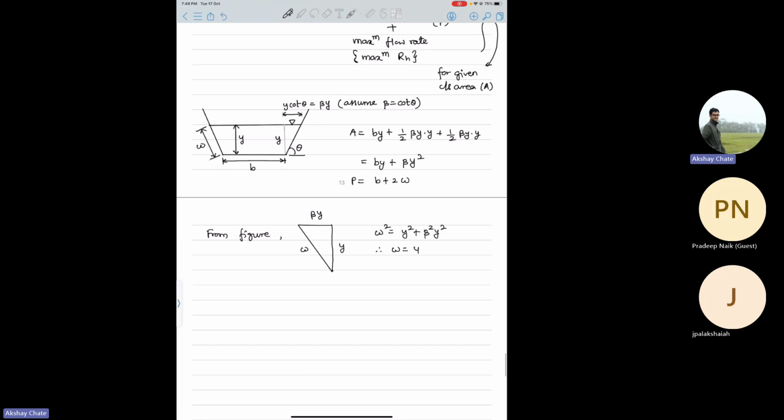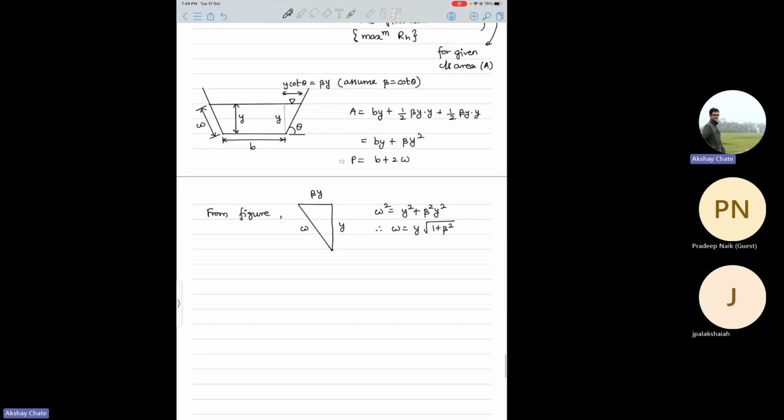Therefore W will be y into square root of 1 plus beta square. Now you can put it in the P formula, so P will become b plus 2y square root of 1 plus beta square.